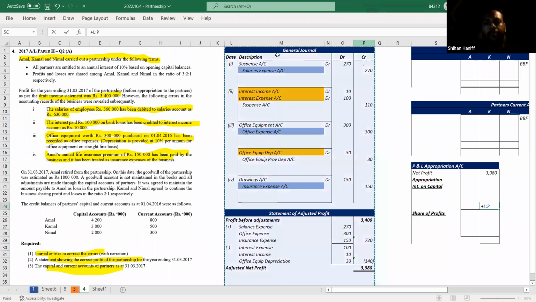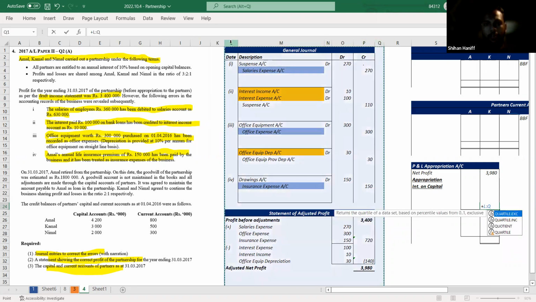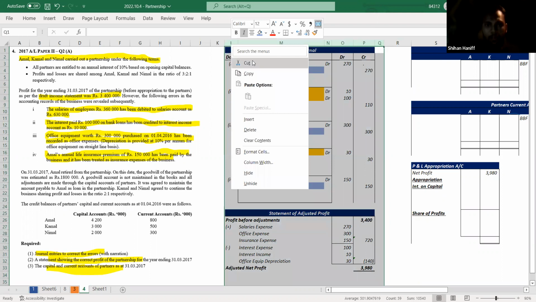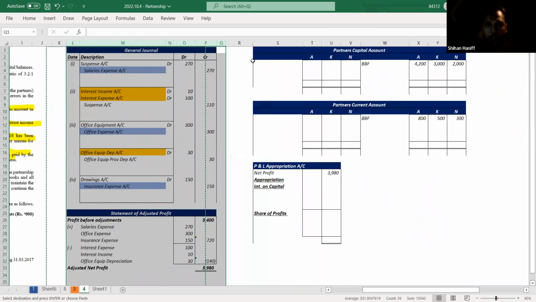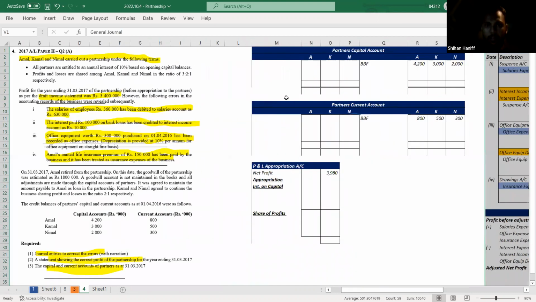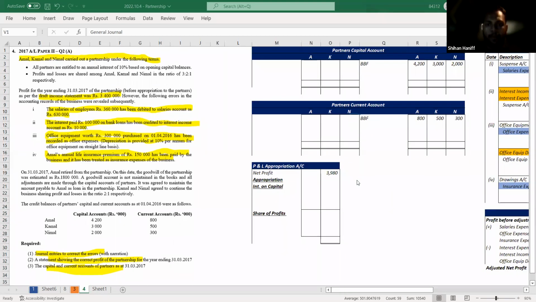Now let's do the retirement. Any doubts? Now let's do the retirement part.